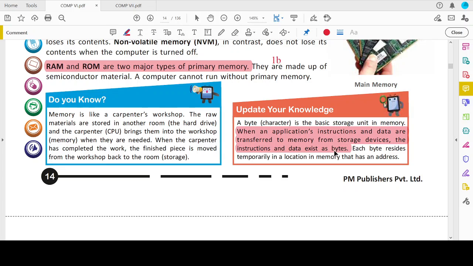The data is stored as a byte on a RAM chip. Each byte resides temporarily in a location in the memory that has an address. So there is also an address on the RAM chip where the data resides temporarily. And it resides as a byte of memory space.